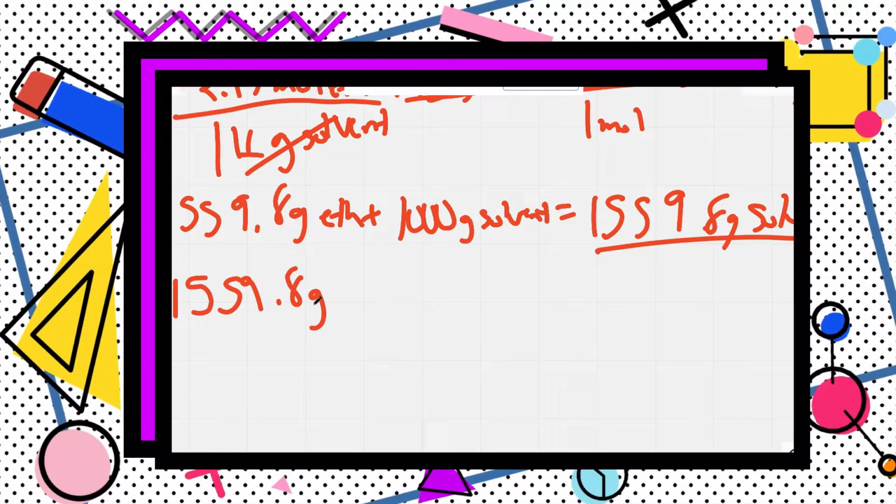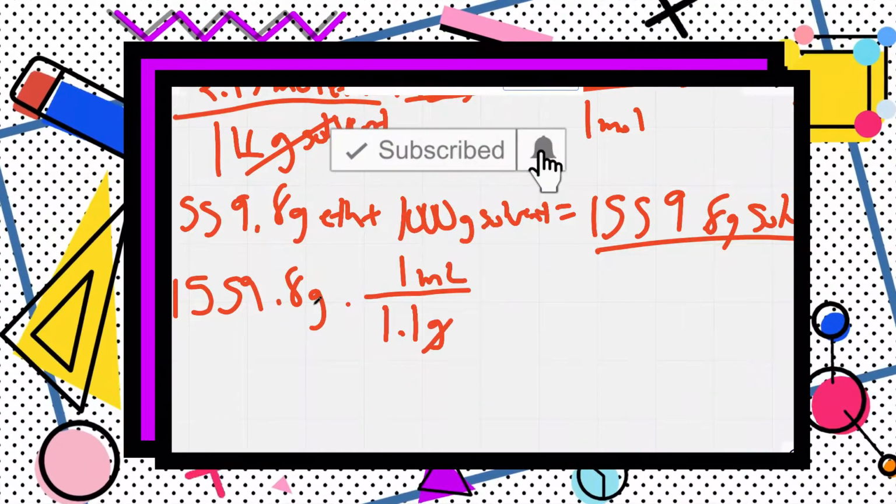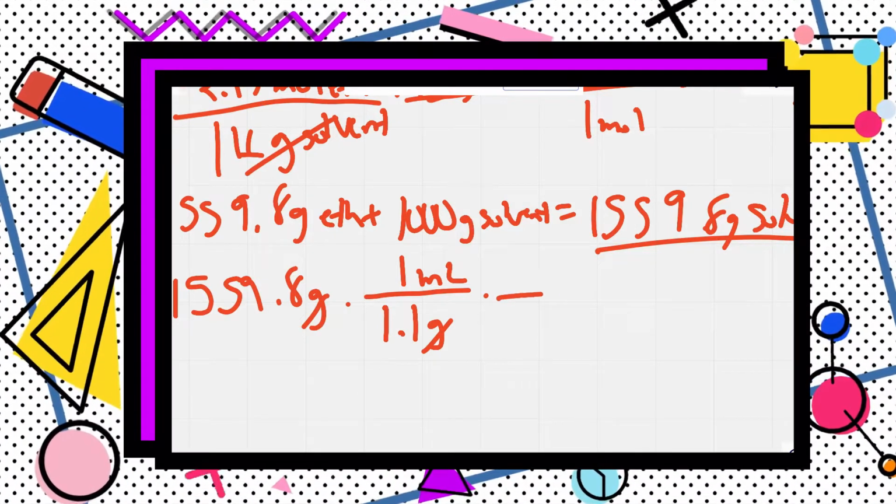All right, so we got the 1559.8 grams of our solution. And because they gave me the density, it is 1.1 grams per milliliter. Notice that our grams will cancel out here, leaving me with my milliliters on top. And what are we noticing right now, everybody?